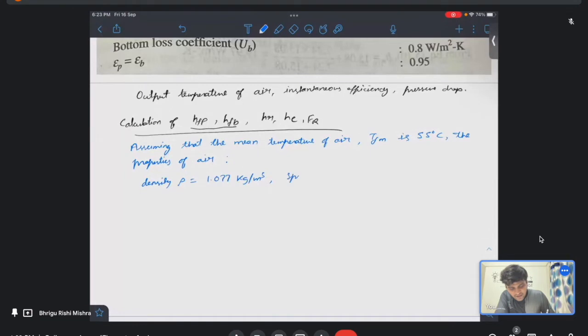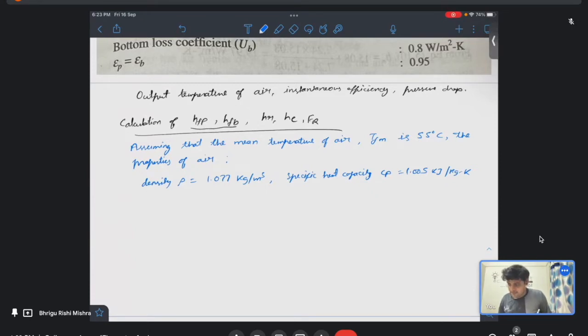Specific heat capacity at constant pressure, that means Cp, equals 1.005 kilojoule per kilogram per Kelvin.